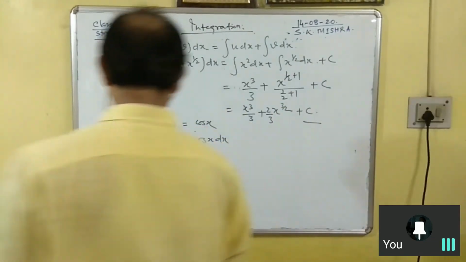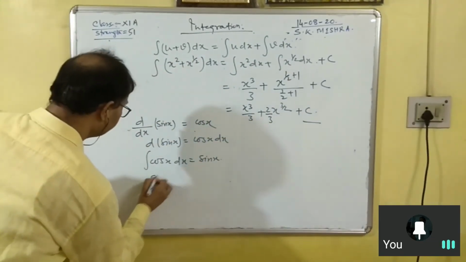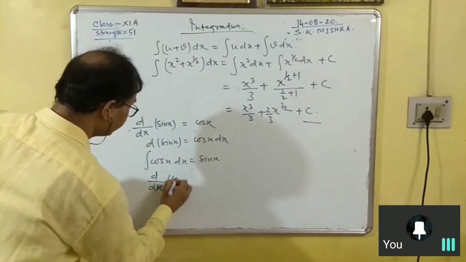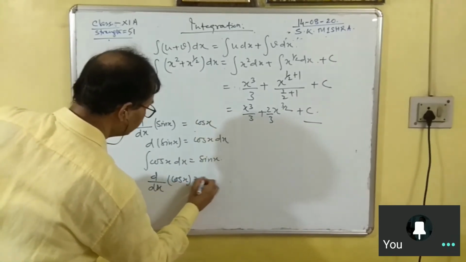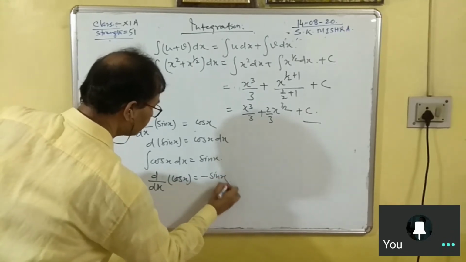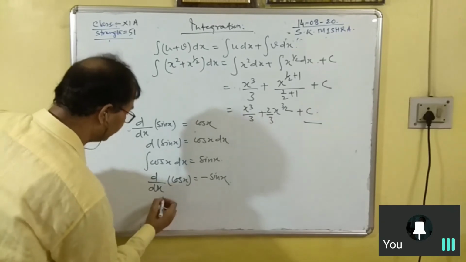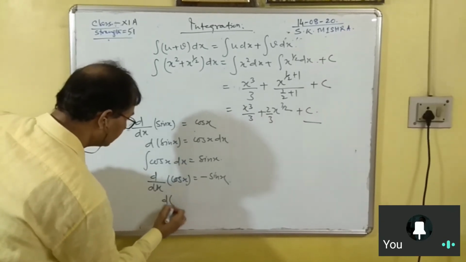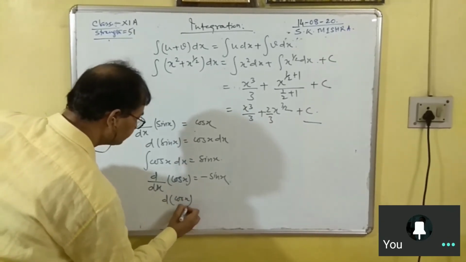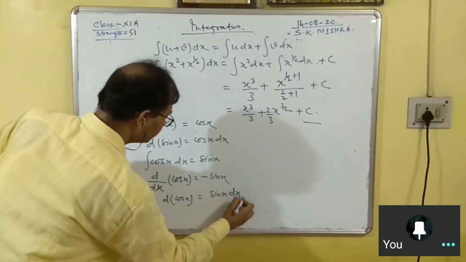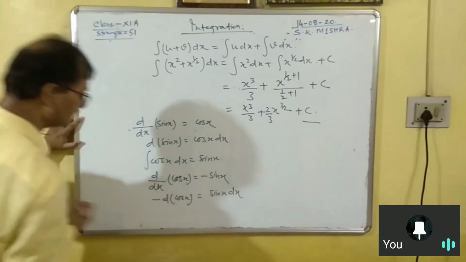Now similarly, d by dx of cos x, it's how much? Minus sin x. Okay, then transfer this dx to this side, that is d of cos x is equal to minus sin x dx. This minus can be written this side also.